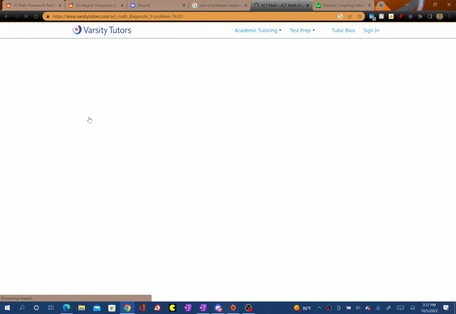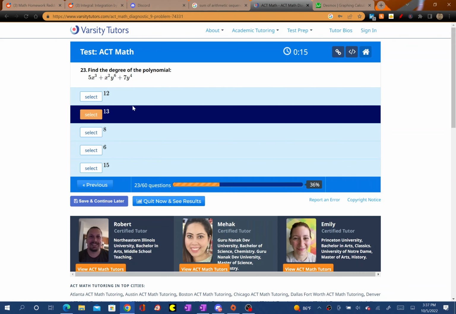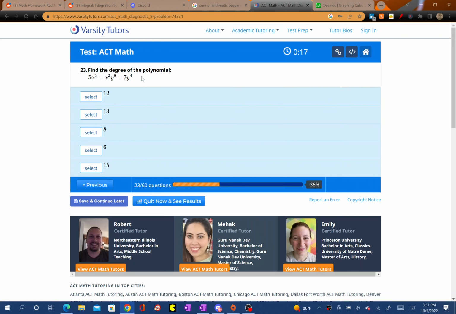Alright, after the 25th one, guys, I'm probably going to stop, or no, wait, after the 30th one, because I want to do half of it, and then do the other half later. So, find the degree of the polynomial 5x cubed plus x squared y to the 6 plus 7y to the 4th.